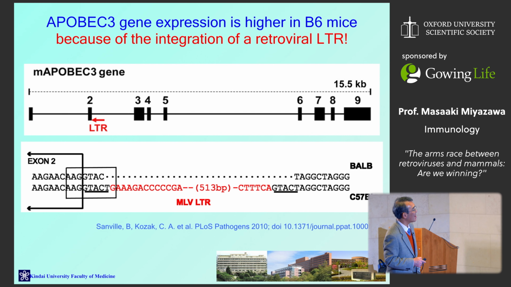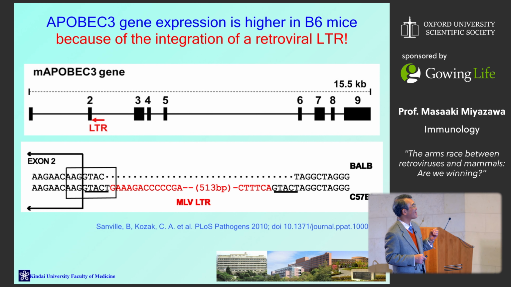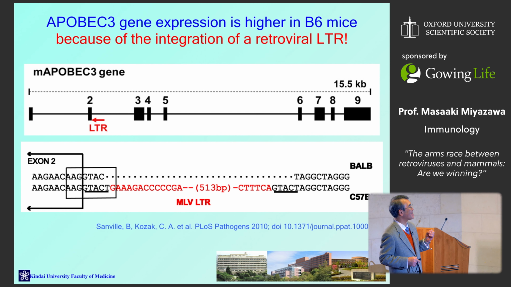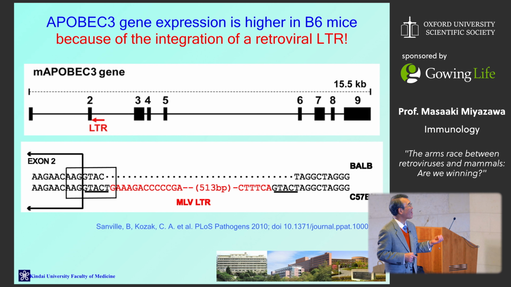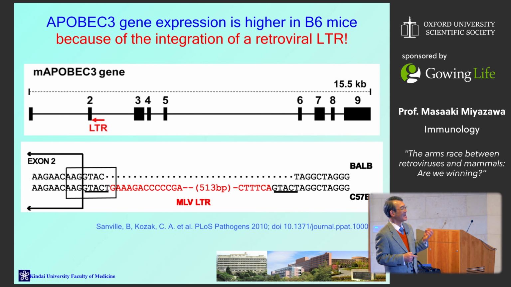second and third exon. This is very interesting, isn't it? The target of the restriction itself, when it is inserted into the resistance-associated gene, it causes higher expression of the resistance-associated molecule and induces the restriction against the retroviral infection.